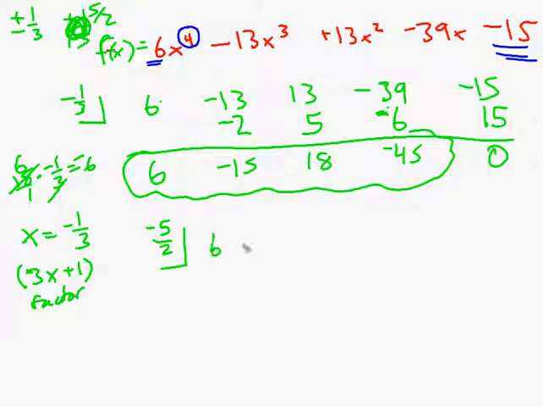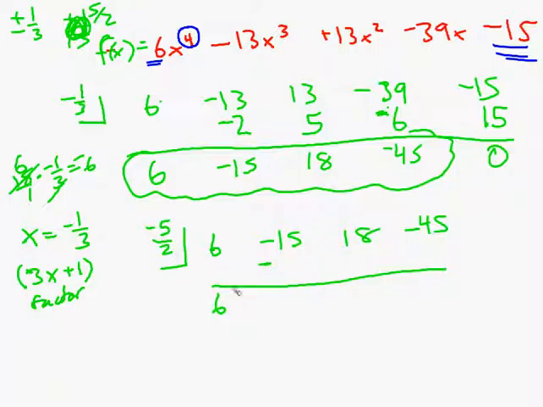Now I'm going to use this piece right here. Ignore that 0. 45, make sure I copy it right. So, negative 5/2, 6. I'm going to want my calculator handy to do 5/2 times 6. It is going to be 15, right? Negative 15. Okay, negative 30. 15 times 5.